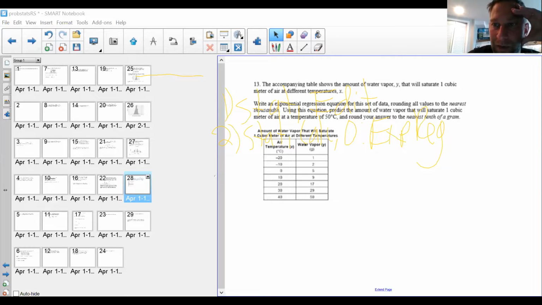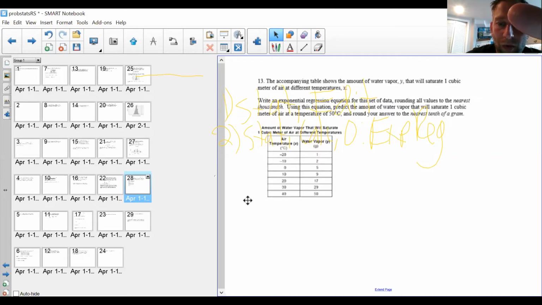Hit enter a few times or tab down. It's telling me my values. Remember this, y equals a times b to the power of x. It says to round to the nearest thousandth.